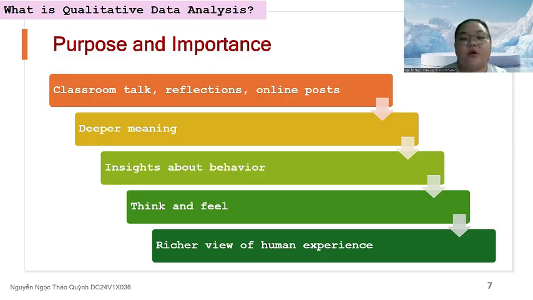It turns ordinary text into valuable insight about how we think, feel, and connect through words. Now that we understand the general idea of qualitative analysis, let's go on to one of the more widely used approaches, thematic analysis.